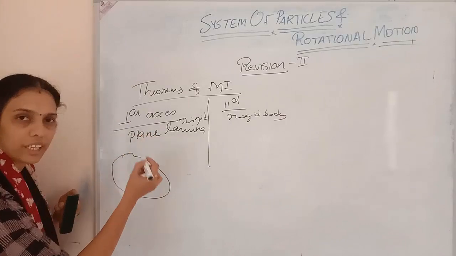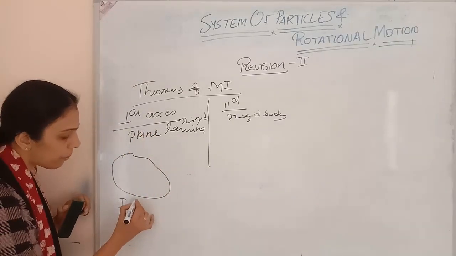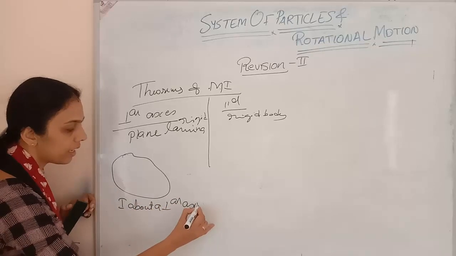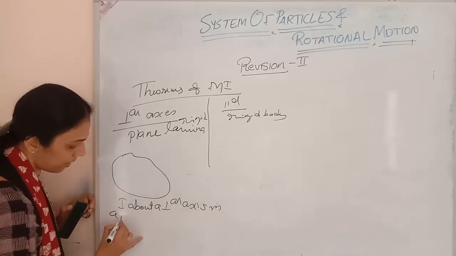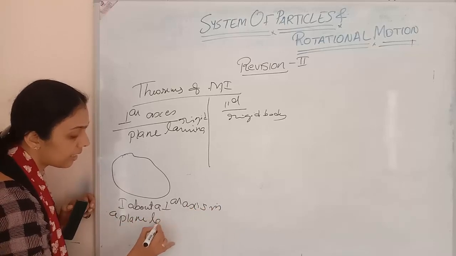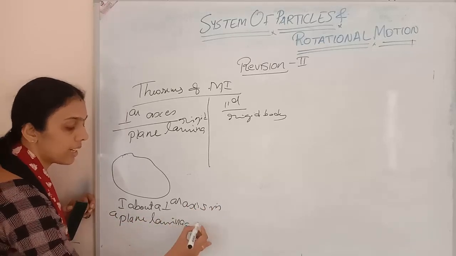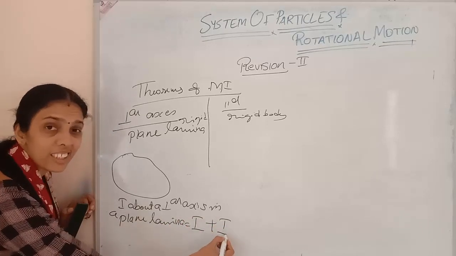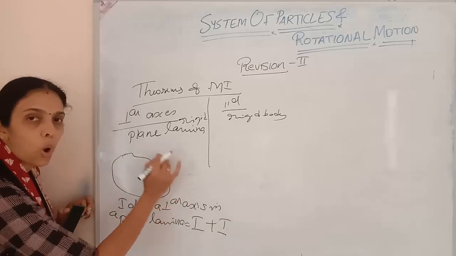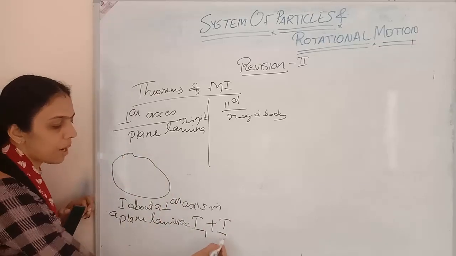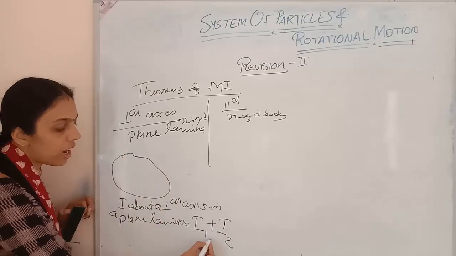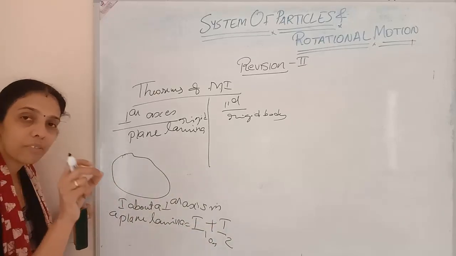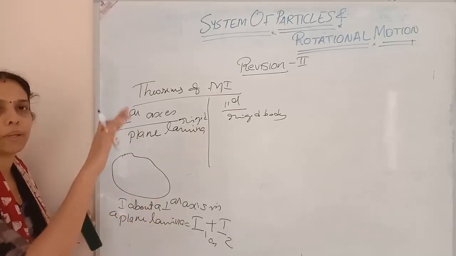So moment of inertia about a perpendicular axis in a plane lamina is equal to the sum of moments of inertia of the two concurrent axes which are on the plane lamina. Concurrent axes means starting from the same point as the perpendicular axis.